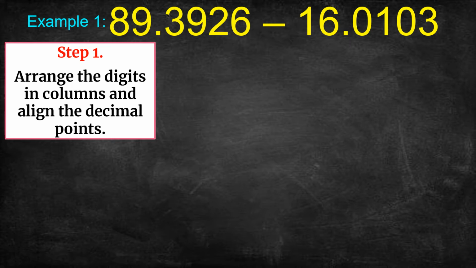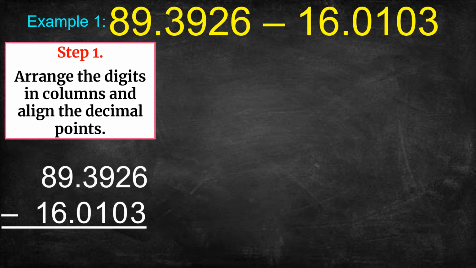Or, kagaya sa addition, ina-arrange natin siya vertically at tapat-tapat ang place value. So, let us arrange this. We have 89 and 3,926 10,000s minus 16 and 103 10,000s. So, tapat-tapat ang kanilang place value.